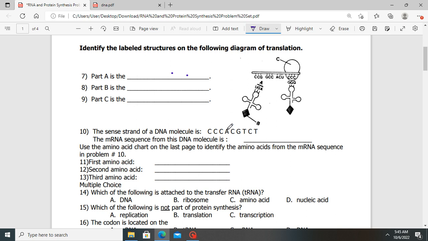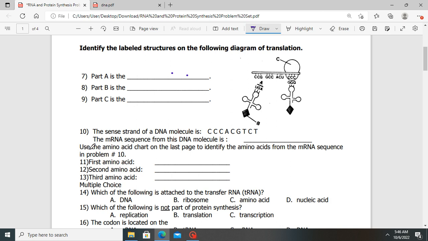Then the C will bond to G, the G will bond to C, the T will bond to A, the C will bond to G, then the T will bond to A. So the messenger RNA sequence is G, G, G, U, G, C, A, G, A. So that is the sequence which will be on the messenger RNA molecule. That strand is the strand of the messenger RNA.